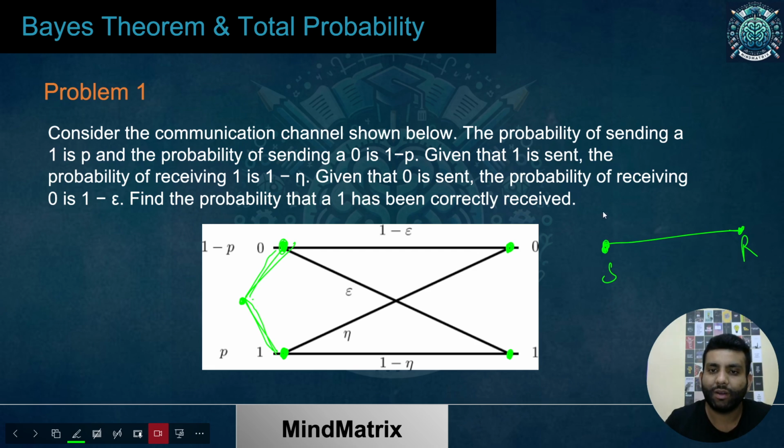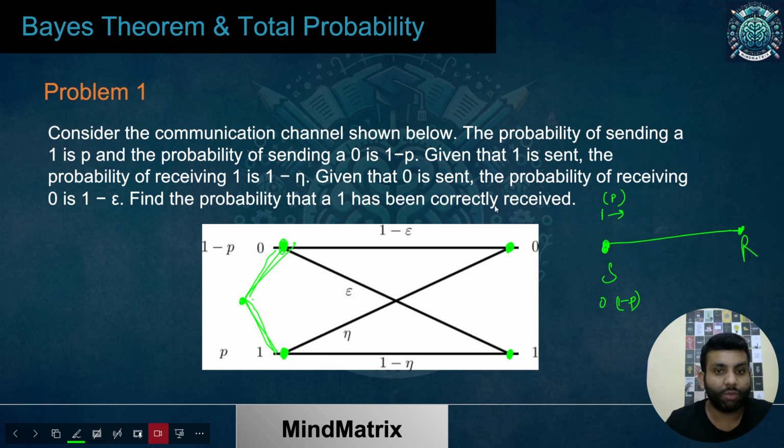I send 1 with probability p, so the complement, 1 minus p, is the probability of sending 0. That is exactly what is shown: 0 is sent with probability 1 minus p, and 1 is sent with probability p.